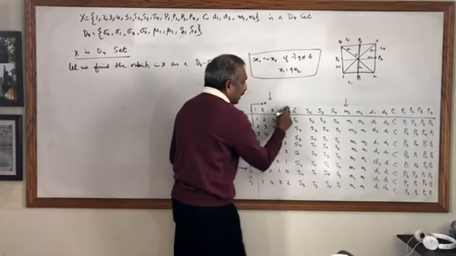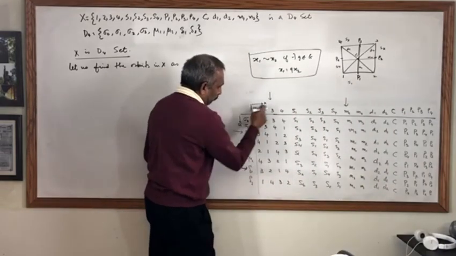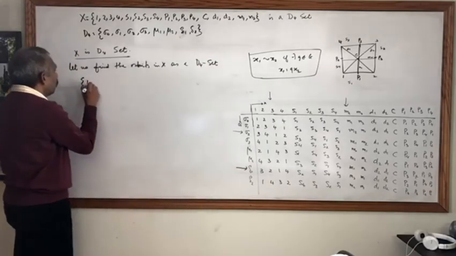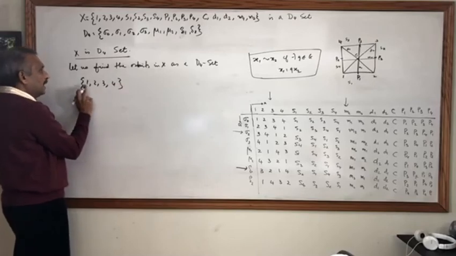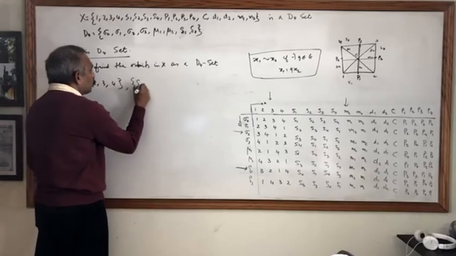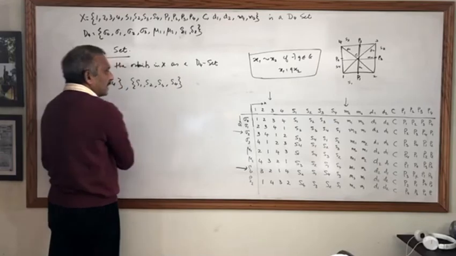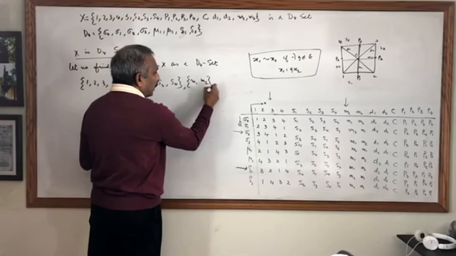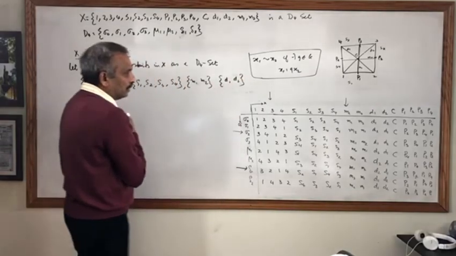This is the relation. So, the class containing 1 cannot have anything beyond that. You don't see any ones here. You will see only ones in this column, in these 4 columns. So, one class is 1, 2, 3, 4. Similarly, S1, S2, S3 and S4 is another orbit. And M1, M2, another orbit. D1, D2, another orbit.